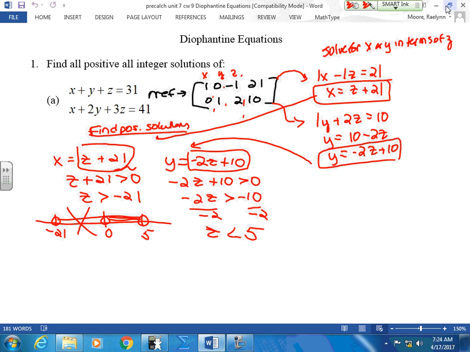Okay, so now comes the step where we make a table. We make a chart with these two. We're going to put a z, your x equation, and your y equation.